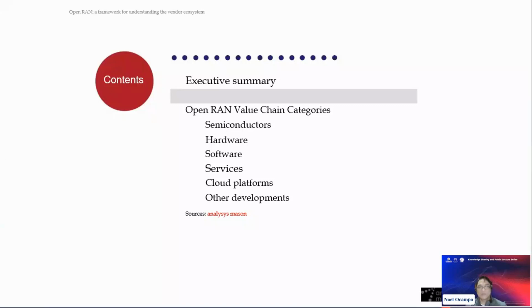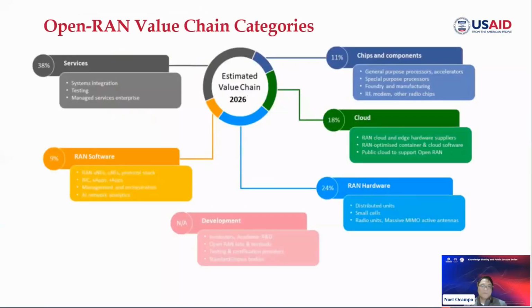So he also mentioned that as a source of our presentation today, we really had an opportunity to study the analysis or the taxonomy made by Analysis Mason. The previous presenter also discussed the percentages of the market in 2026-2025 for all the 7 or 6 categories, I mean.